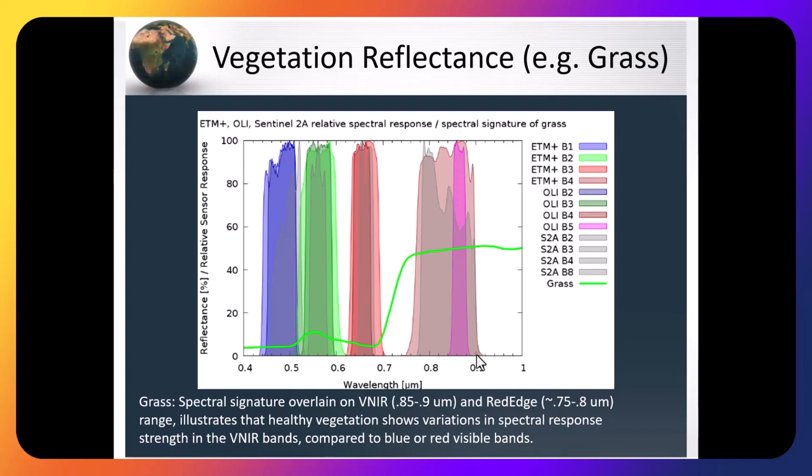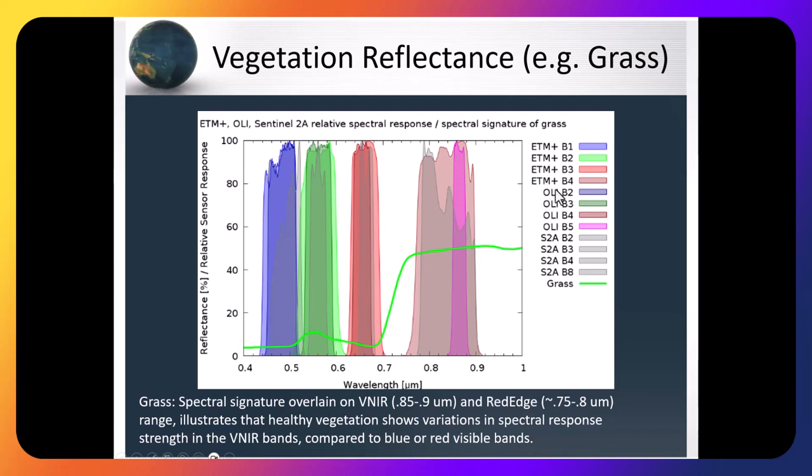And there's a subgrouping of the very near infrared. It's called red edge, which is just past what we can see at 0.7 microns with our eyes, but at 0.75 to 0.8 microns is a red edge detector. So these tell you over here what the different systems are. For example, enhanced thematic mapper bands 1, 2, 3, and 4.